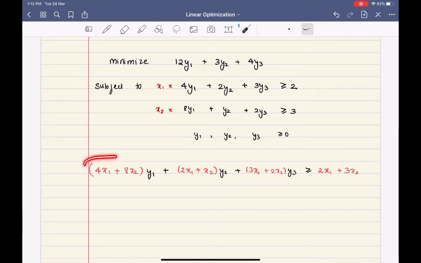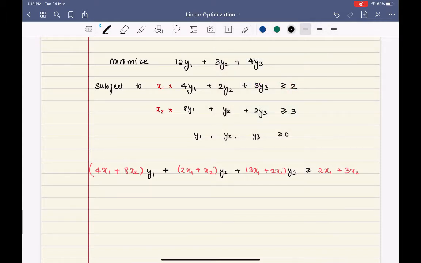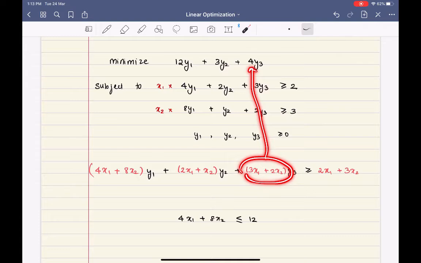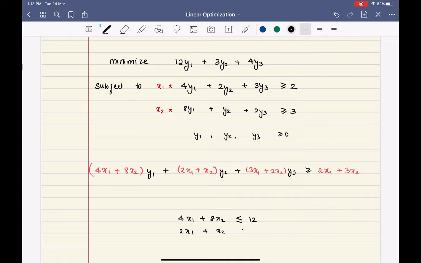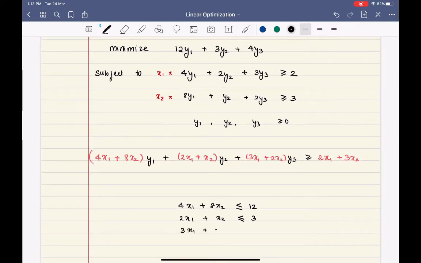Now if this thing is less than or equal to 12, so let me write it. 4x1 plus 8x2 is less than or equal to 12. 2x1 plus x2 less than or equal to 3. 3x1 plus 2x2 less than or equal to 4.